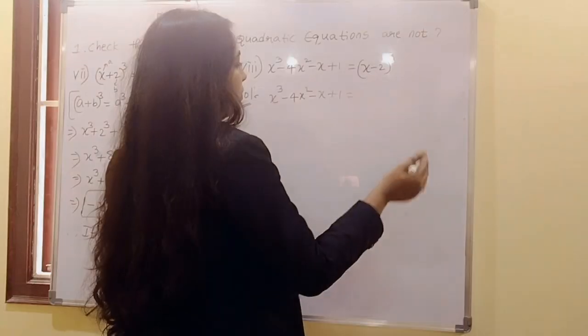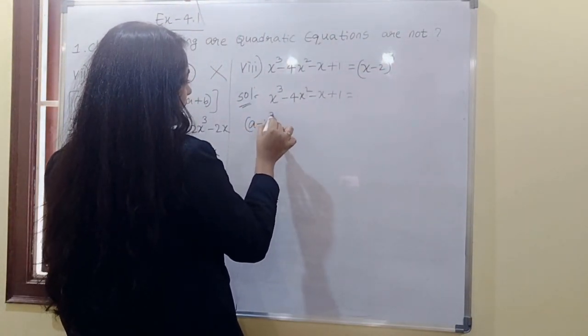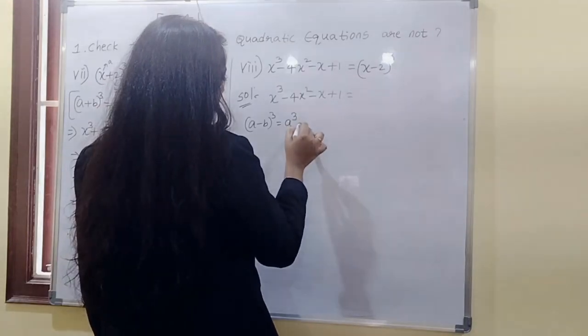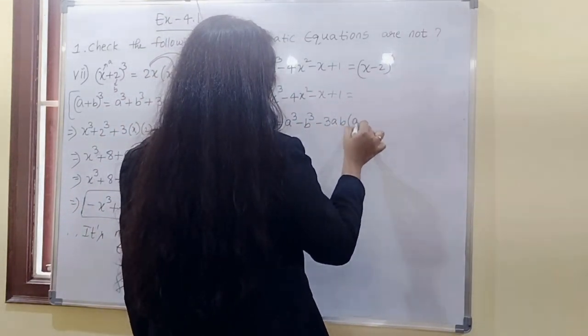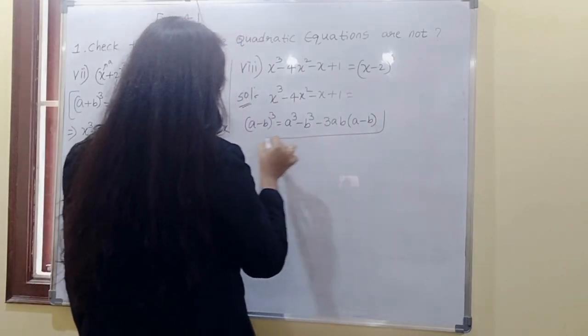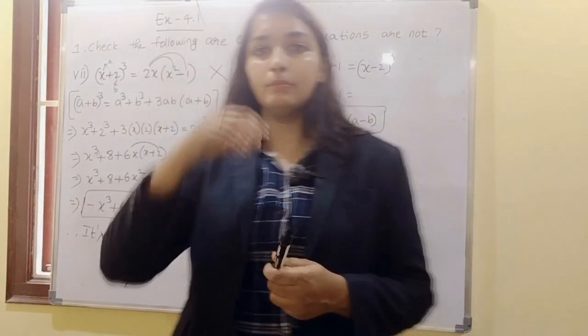So what is the (a minus b) whole cube formula? Here I am writing (a minus b) whole cube is equal to a cube minus b cube minus 3ab into (a minus b). You need to memorize algebraic formulas. These are very important.